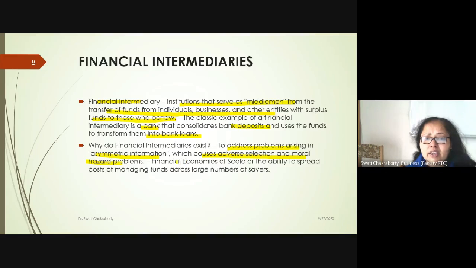There are also financial economies of scale, the ability to spread the cost of managing funds across a large number of savers. That's why these financial intermediaries are there, to ensure financial economies of scale and that the cost of managing funds across a large group of savers can be managed.